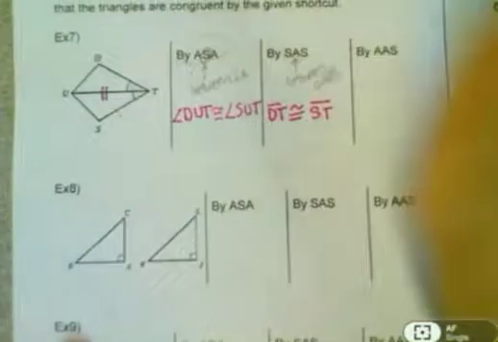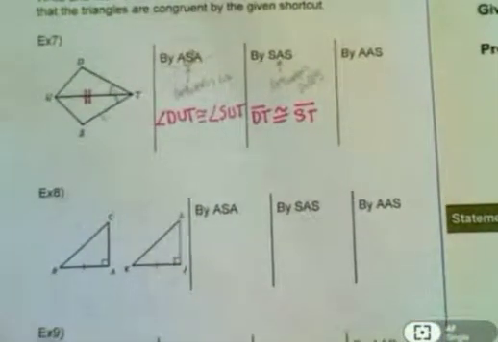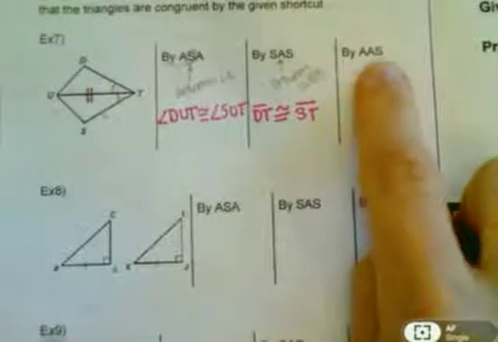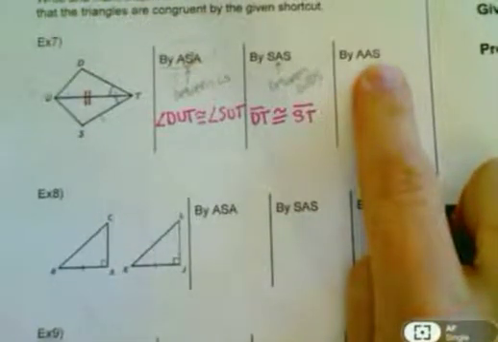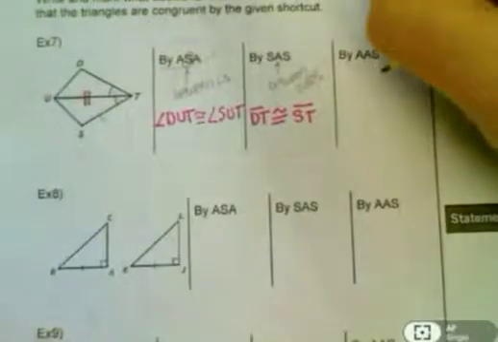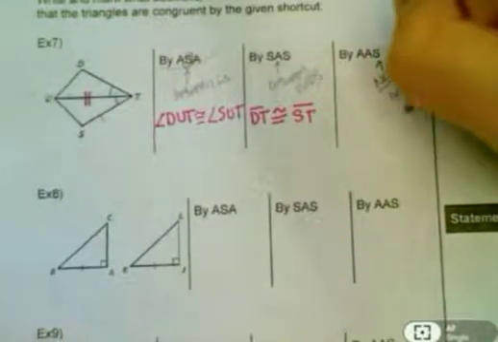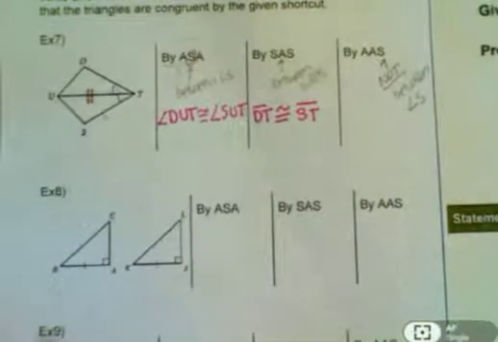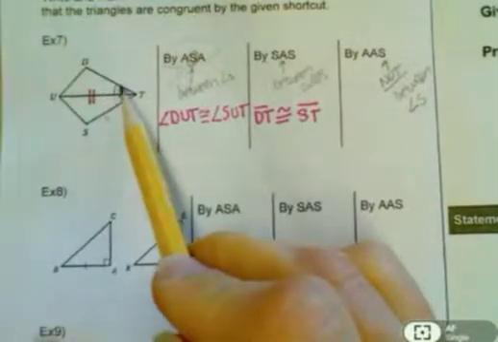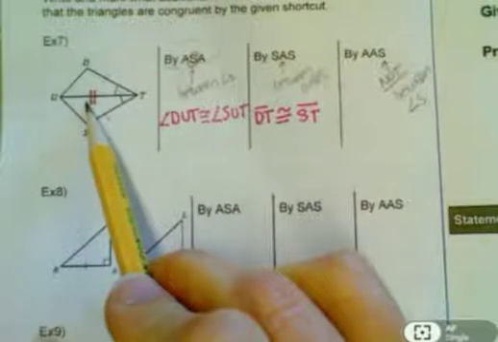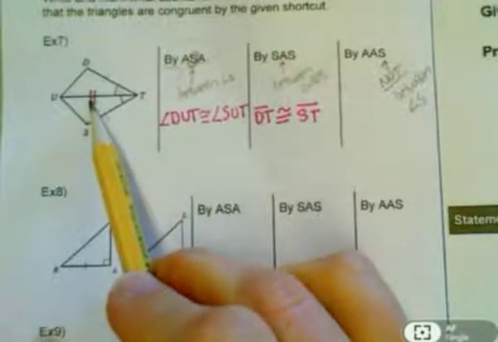So I'm going to erase that and move on to the last one, which is by angle angle side. In angle angle side, I need two angles and a side, but the side this time cannot be between the angles. Not between the angles. And so I have an angle and a side. I need another angle, but I have to make sure that wherever I put it, this side is not between the angles.